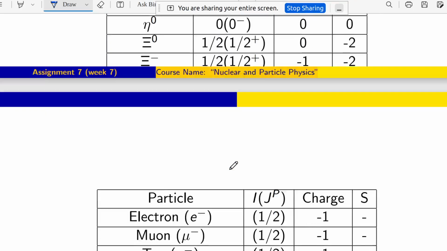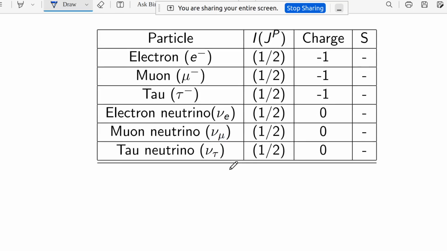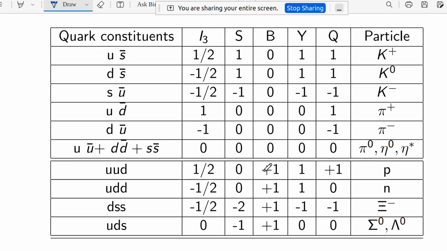I have already mentioned this in a previous week also. If you make a table of all the particles with their J, P and strangeness number and all these things, then it will be very useful for you. And this is the quark content of all the particles, I mean, not all, but the most useful particles.